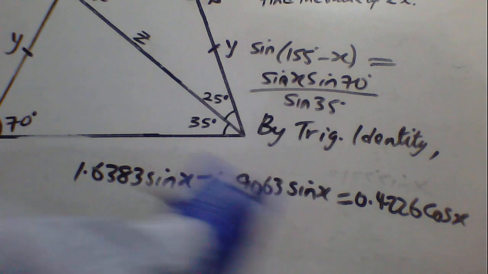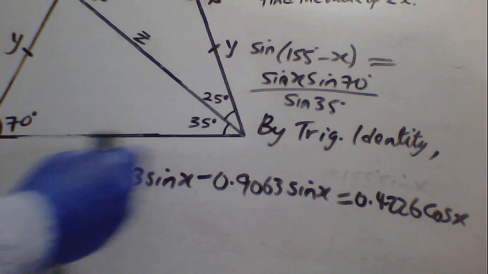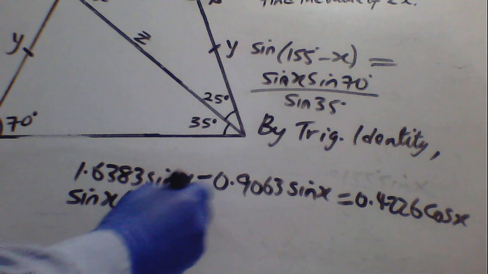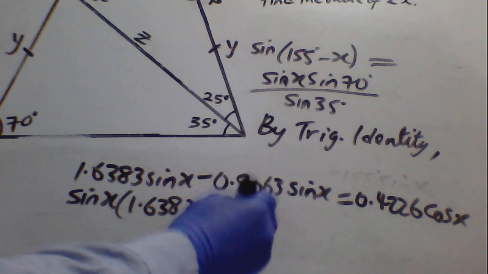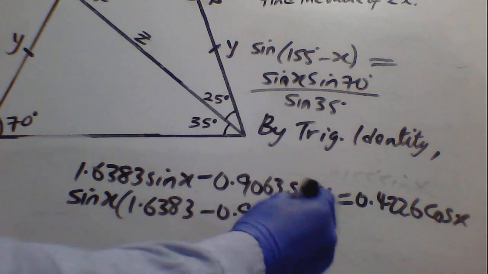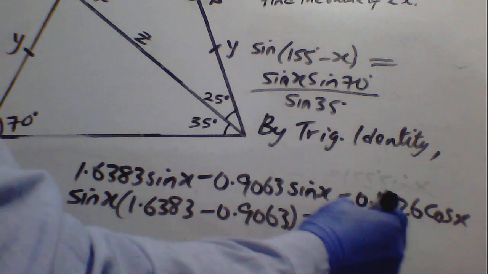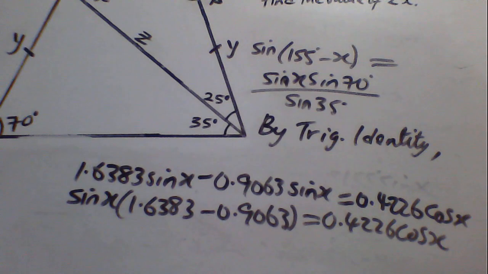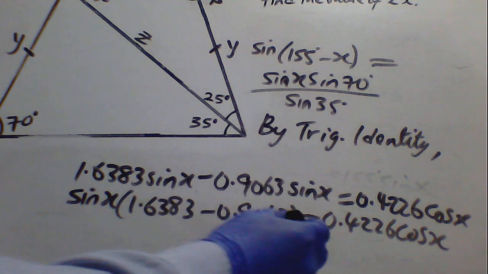So sine x is here, sine x is here, so I can bring it outside. 1.6383 minus 0.9063 is equal to 0.4226 cos x. So the next thing is to divide the equation by the value in the bracket, for simplicity.